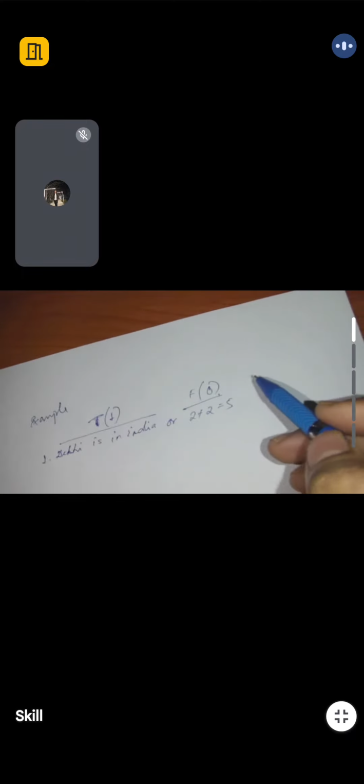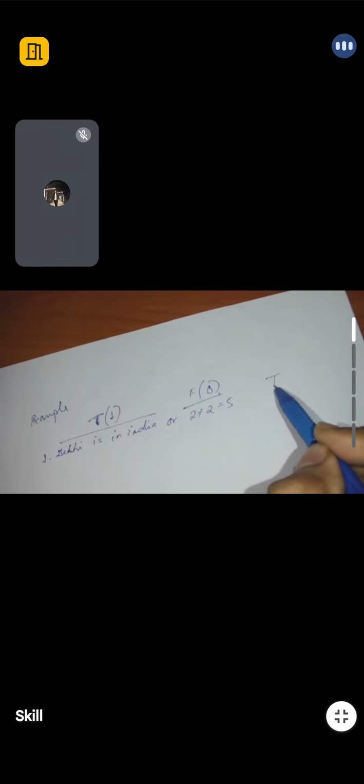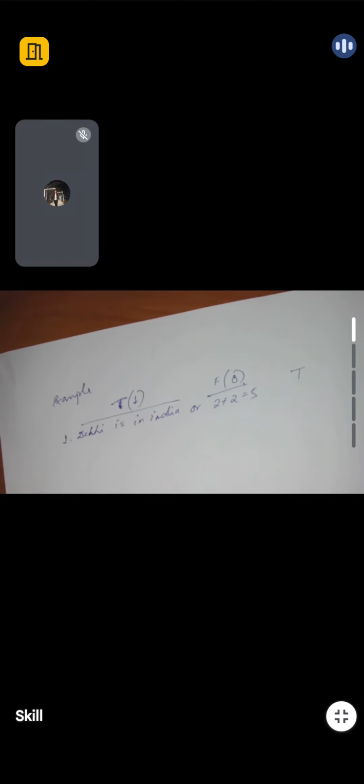Here this sentence is true, or you can say 1. This is wrong, that is false, so you can denote it as 0. So 1 plus 0 is equal to 1, so the answer will be true. In disjunction, if any one of the inputs is true, then the answer will be true.